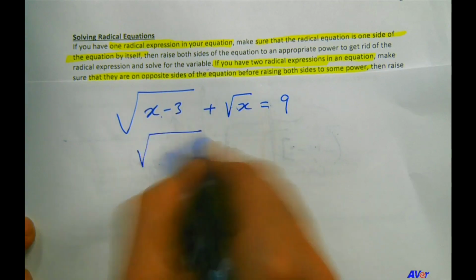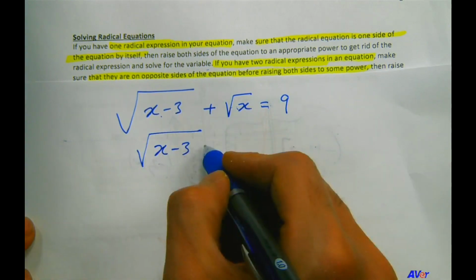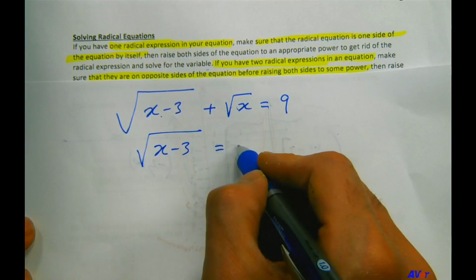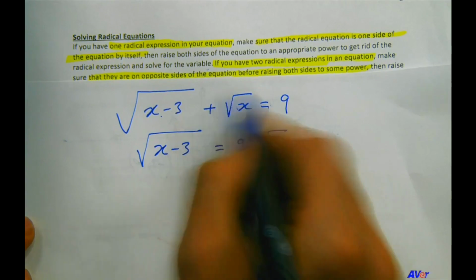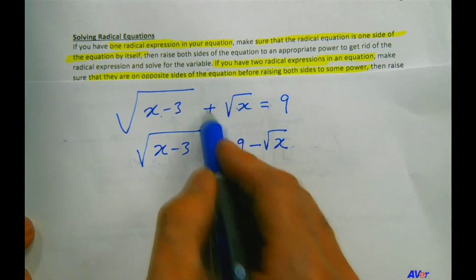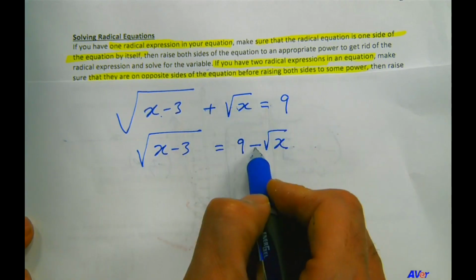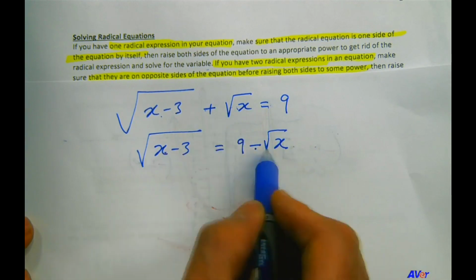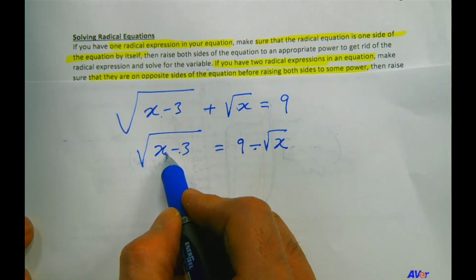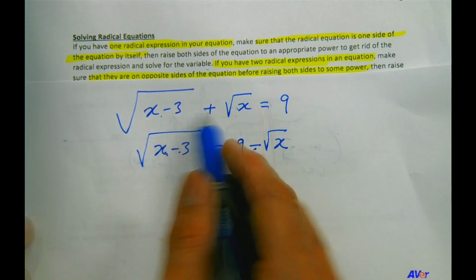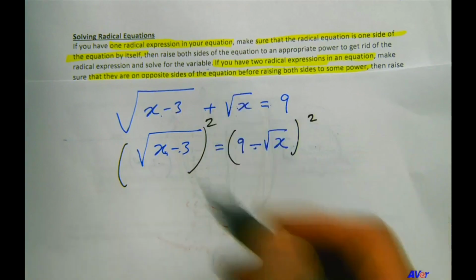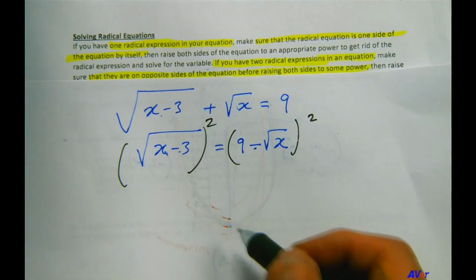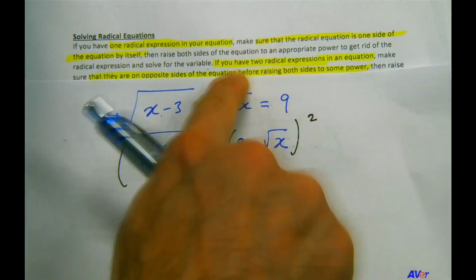So you want to do this: square root of x minus 3 equals 9 minus square root of x. So we sent this square root to the other side. It was positive. When we moved it, it became negative. So now they're on both sides of the equality, not on one side. So now we can raise both sides to the second power and go from there. Continue the solution that way. Okay? That's what that is saying.